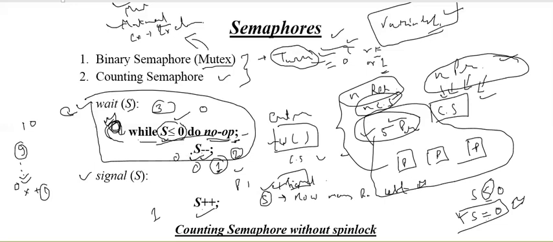Now the next thing is, okay, we got one specific thing. Why am I having a continuous infinite loop? Don't you think that this loop will waste my CPU cycles? Each and every time it is continuously checking for availability of the system.